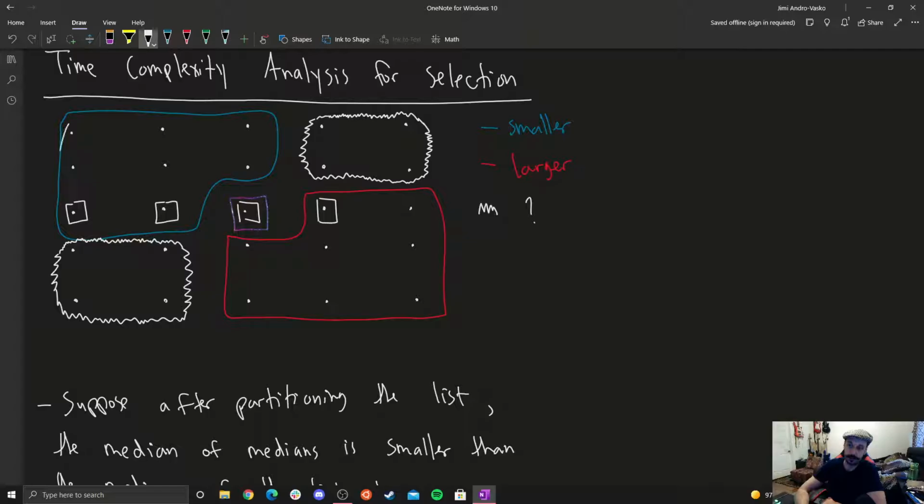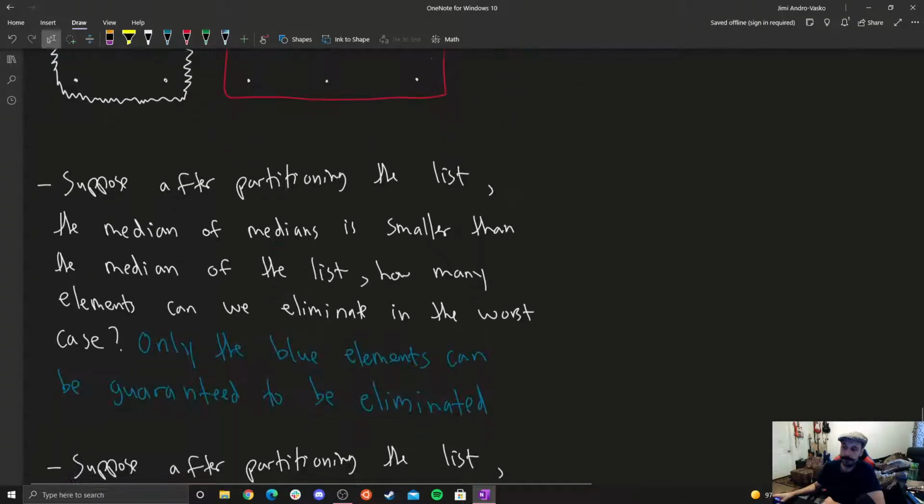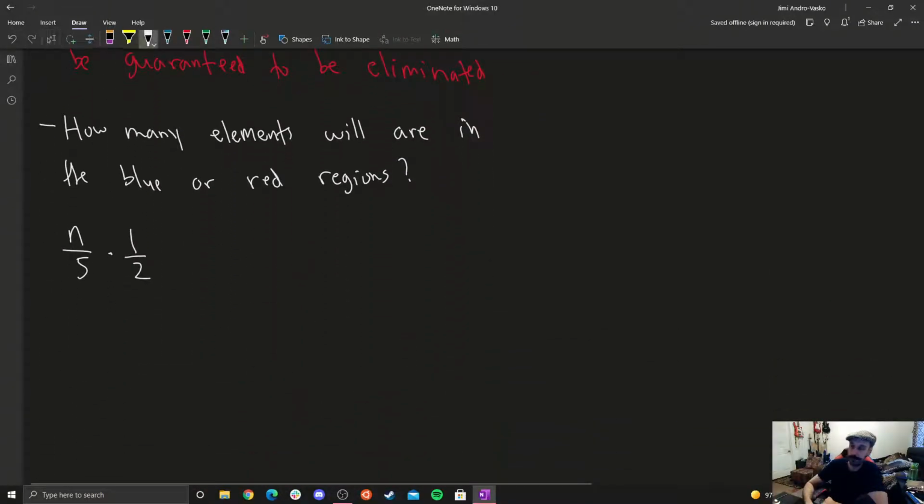So it's always going to be 3. Likewise, if I were to go the other way around, same argument, it's always going to be 3 in each block. So basically what that means is we're going to have 3 in each block that's eliminated. So we're going to have 3n over 10 elements eliminated.